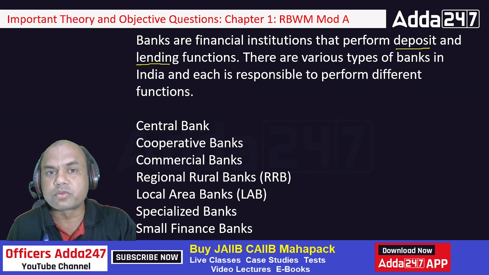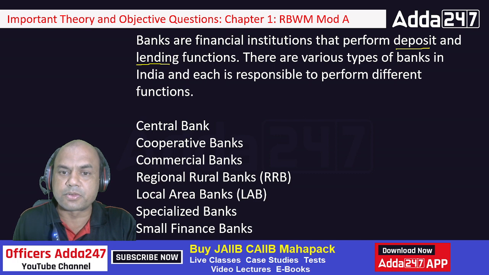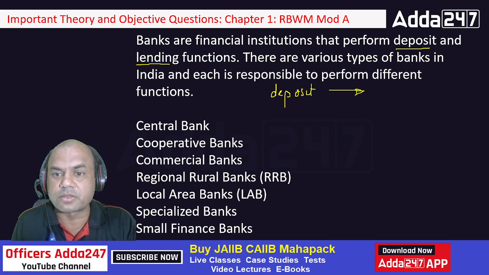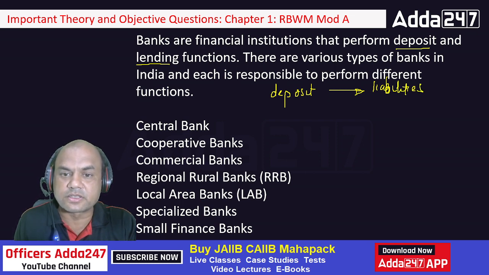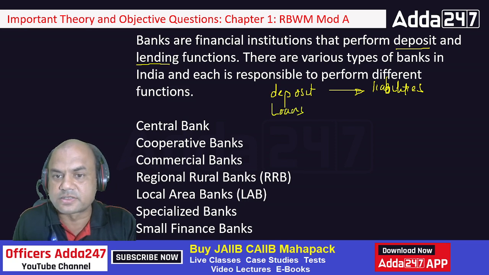What is deposit and what is lending? We call them liabilities and assets. Deposits are called liabilities for the bank. And for the asset, lending, loans, these are known as assets.